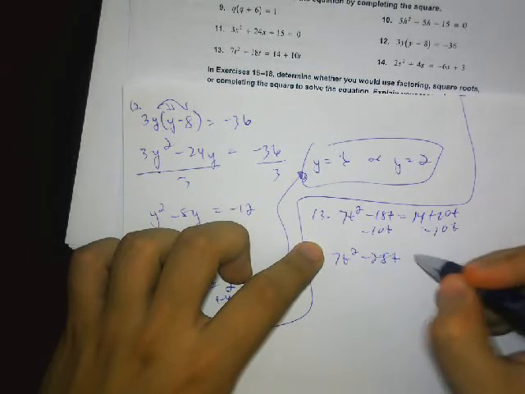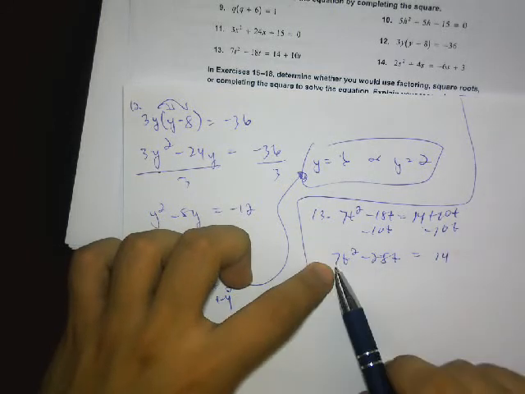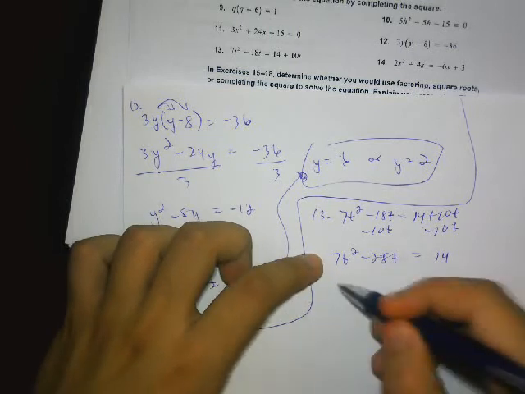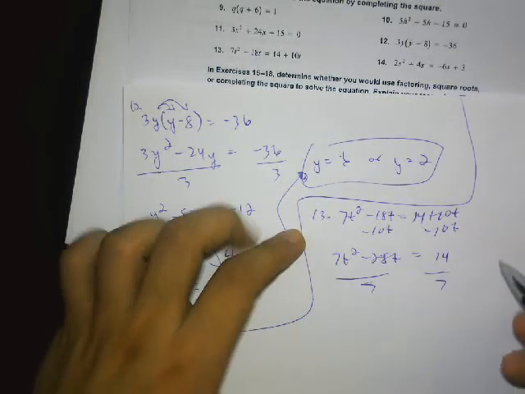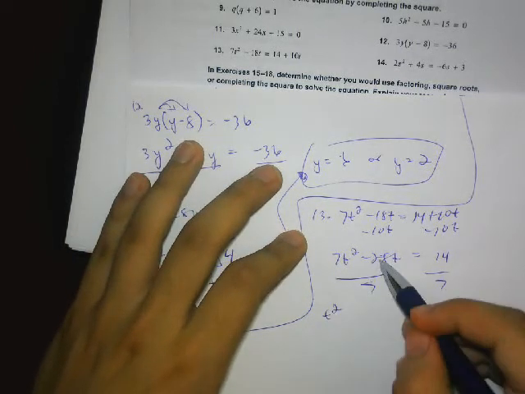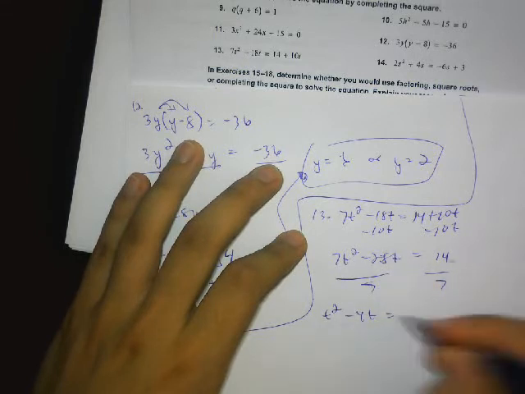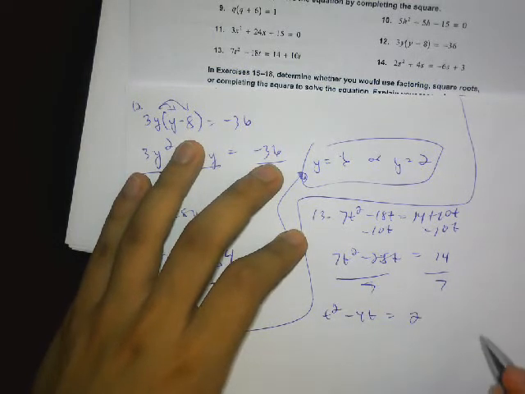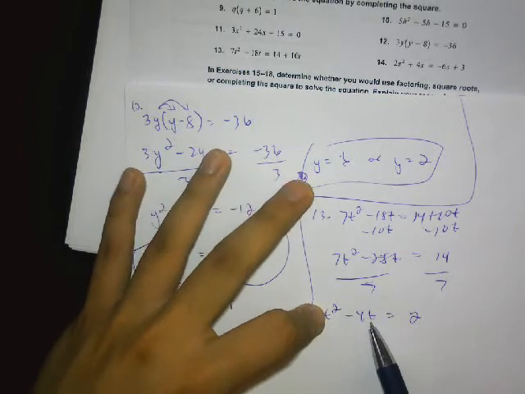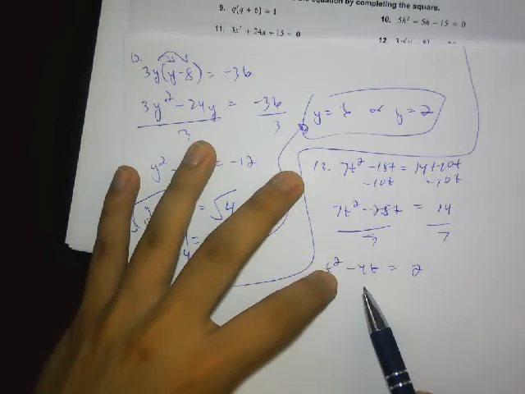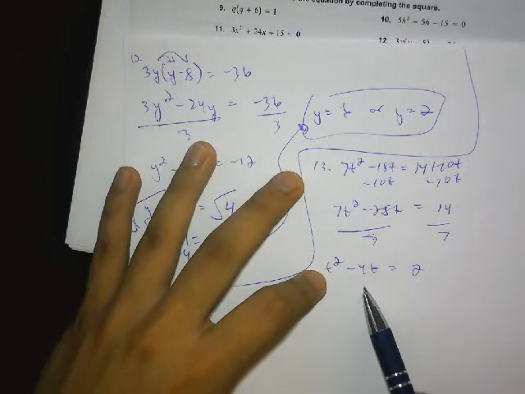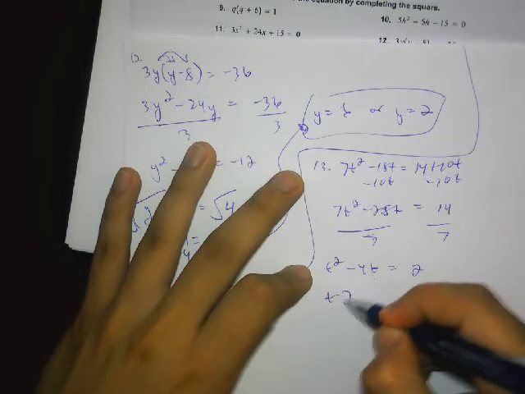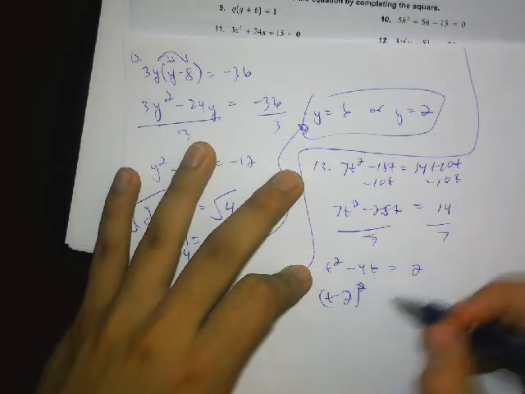Complete the square. Negative 4 over 2 is negative 2. Negative 2 squared is positive 4. So t minus 2 squared is equal to 2 plus 4, which is 6. Square root. t minus 2 is equal to plus or minus the square root of 6.